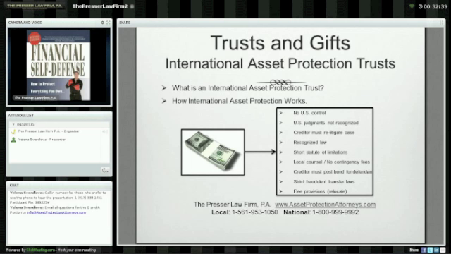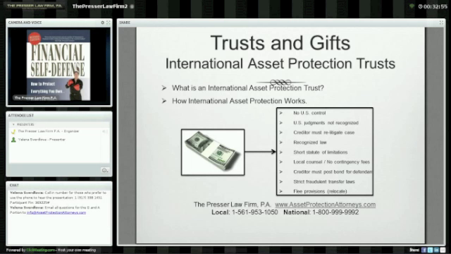The client would tell them, if of course they ask the right questions, which a lot of lawyers aren't familiar with how international asset protection works, so they won't even know what questions to ask, but let's presume they do. The client will tell them, of course, honestly and ethically, that they've proactively set up an international asset protection trust. Again, many years before. The key word here is proactively.